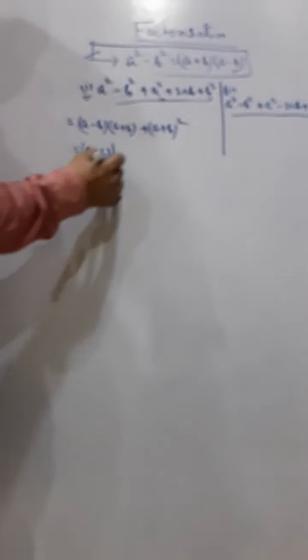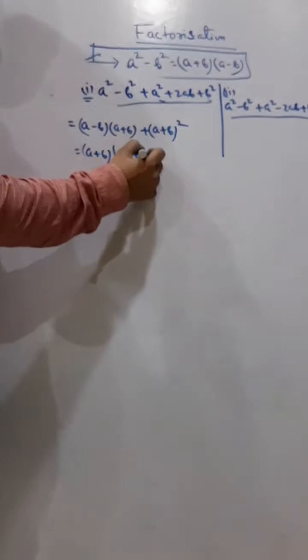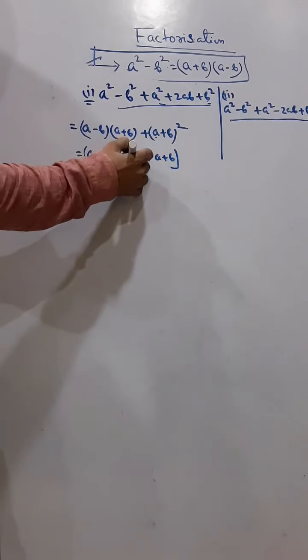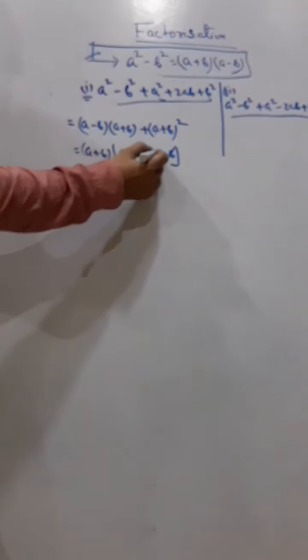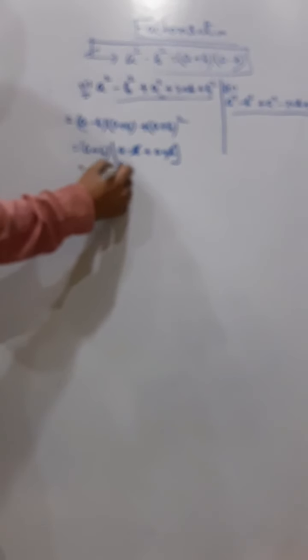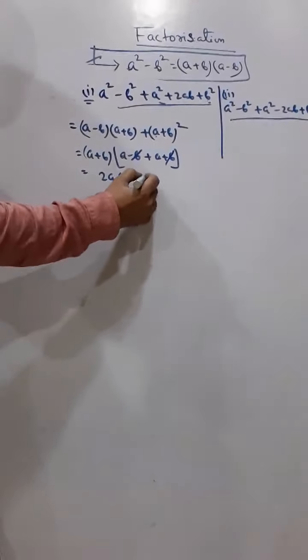So now I can take a plus b common, and I am getting here a minus b plus 1, a plus b, and now incidentally it is getting cancelled. So I get a plus a, 2a. So finally I am getting 2a and a plus b.